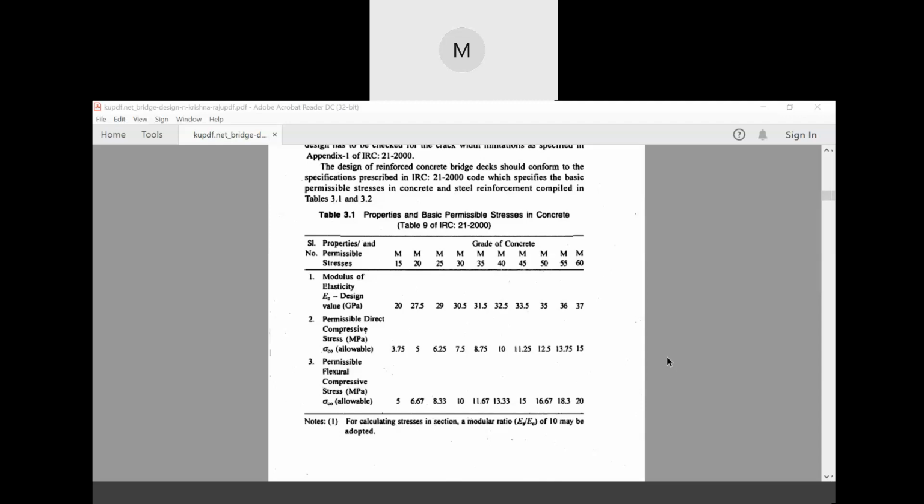Number two, permissible direct compressive stress. Number three, permissible flexural compressive stress. Now, these are certain values for different grades of concrete.